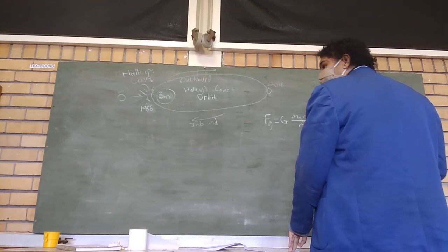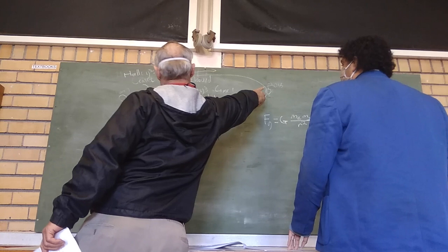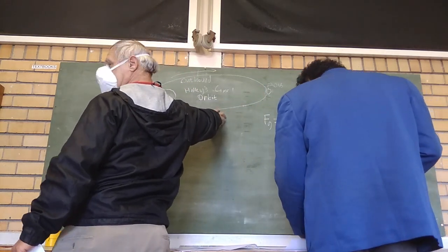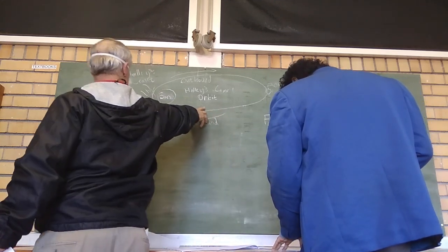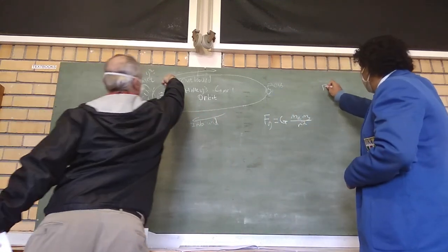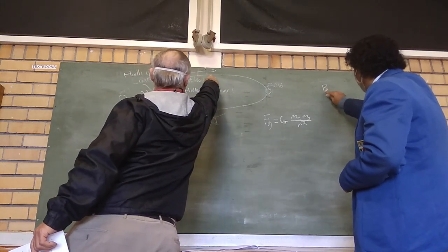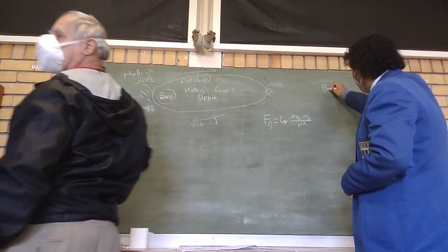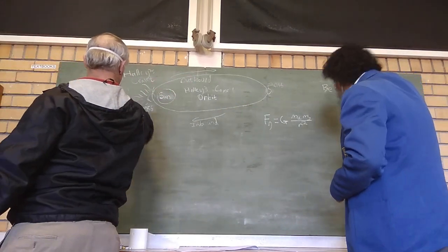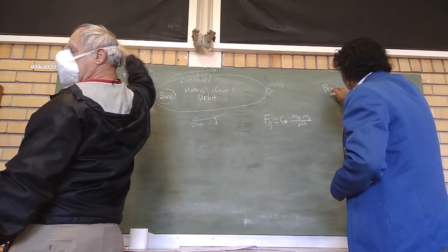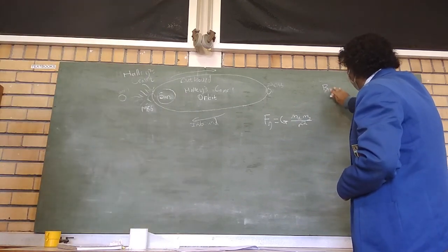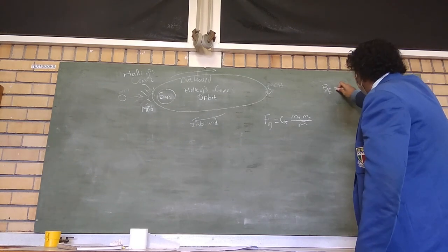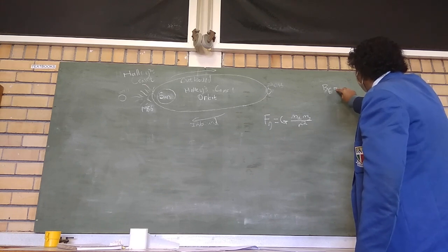As they get closer to the sun, they go faster and faster. Then they get so fast, they whip around the sun, and then they get slower and slower. As opposed to the Earth, which keeps more or less the same speed around the sun. So it's the sun that is accelerating the comet. Your mass 1 is the sun, your mass 2 is the comet. Earth plays no role in the acceleration.